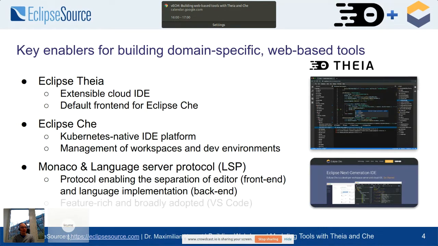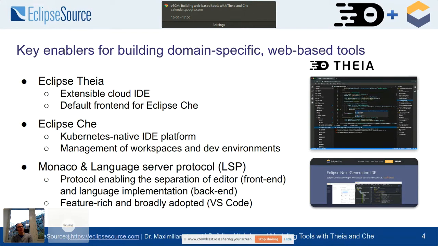So you have an LSP server that runs in the back end, and that is language specific. For example, an LSP server for Java understands the Java language, so it understands which auto completions you can do and the like. And then you have an editor in the front end that just helps you with editing the text and fetching, for example, auto completions from the back end.